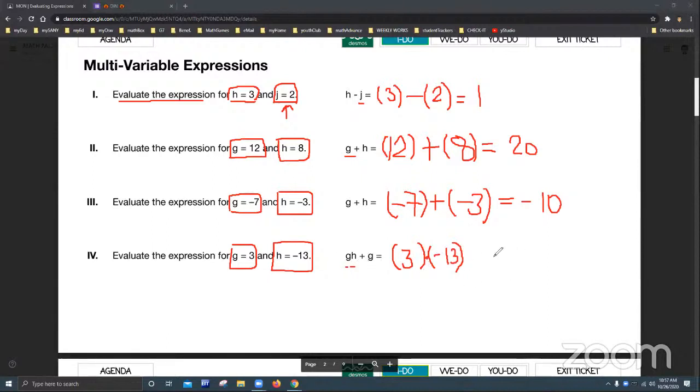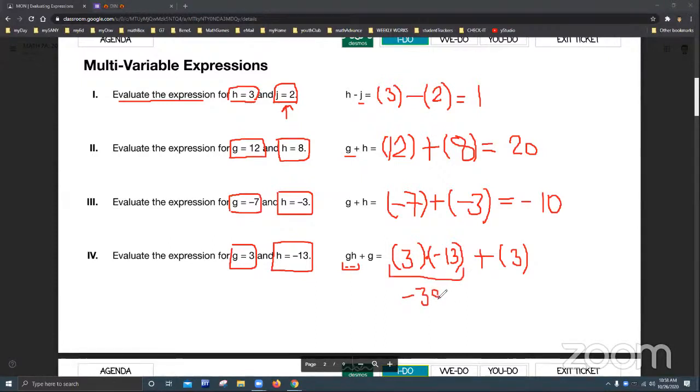And there is a plus sign, so I'm going to put the plus. And the last letter is G again, which is the number 3. I'm going to put it inside of parentheses. In this case, you guys have to be very careful. If two letters are together like this, and there is no sign in between, that means it's a multiplication. So 3 times negative 13 becomes negative 39.